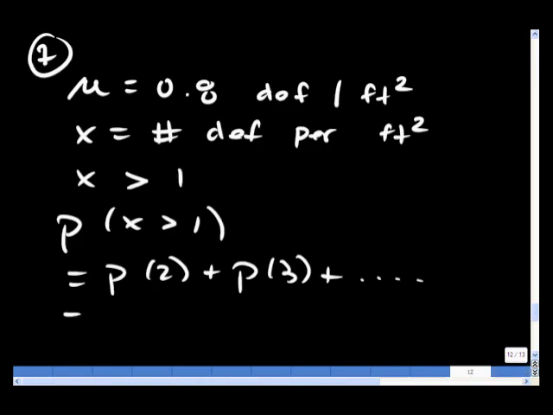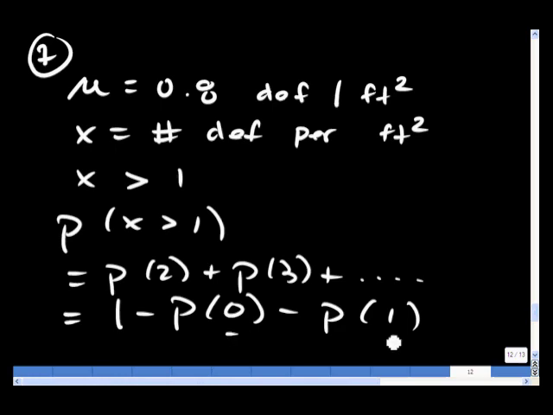The most efficient way to answer this question would be simply to use the complement rule and take 1 minus the probability of the outcomes that are not there, like p of 0 and p of 1. If we compute these probabilities for the outcomes that are not there, we will subtract these values from 1.